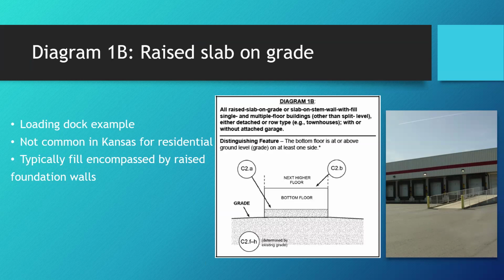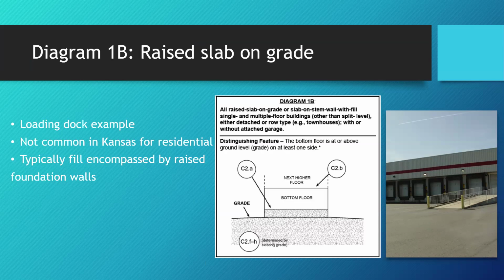It's not too common in Kansas for residential construction, although we do have a few of them. This is typical for non-residential structures. On this side, you have the example of a loading dock, so the trucks can back up to it, and the door opening is just level with that. It makes it easier for them.